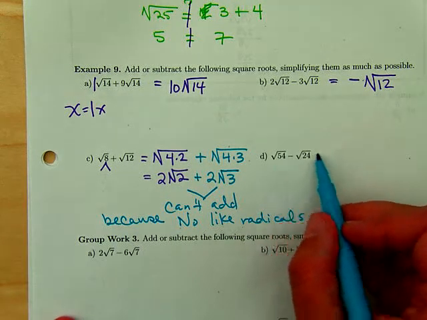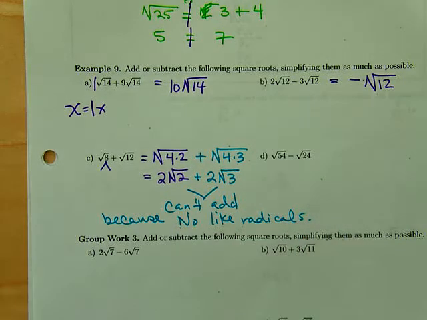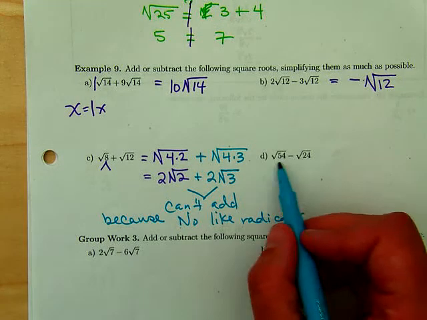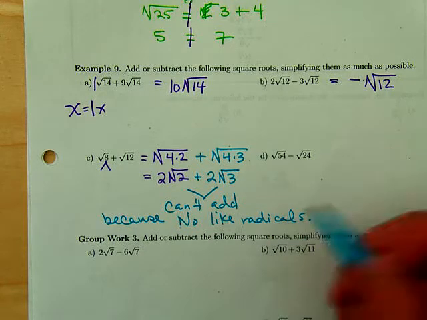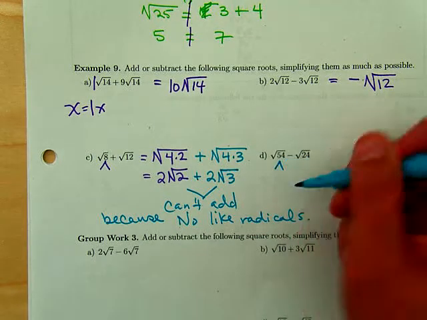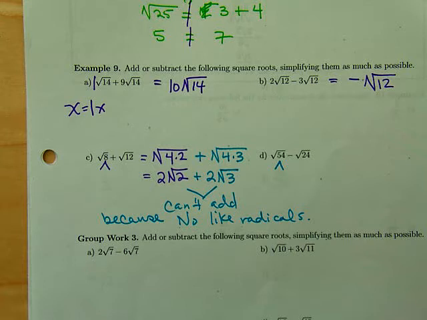Okay, again, so we're going to want to look at this, and we cannot subtract these unless they have the same radical. So we want to simplify 54, 24. Okay, so 54, let's think about some factors of 54.